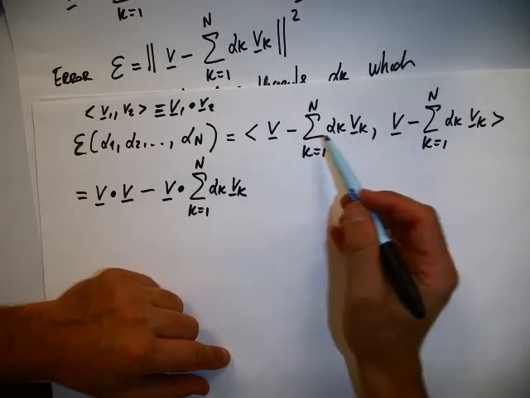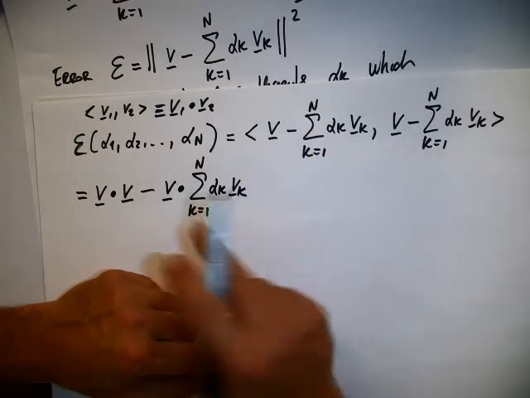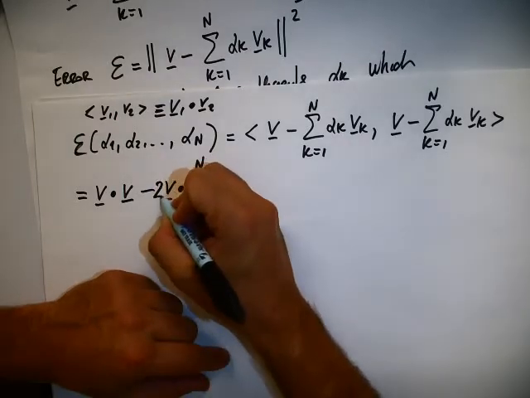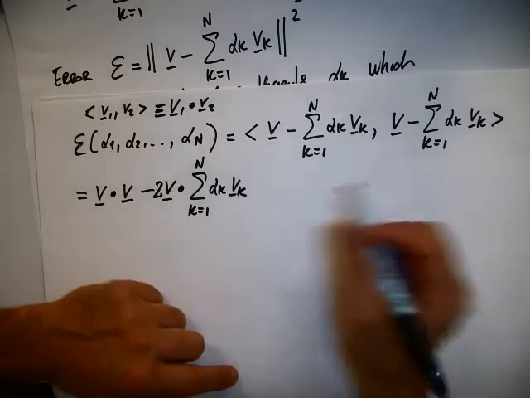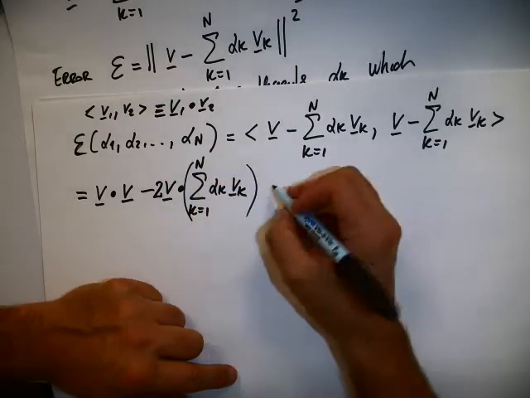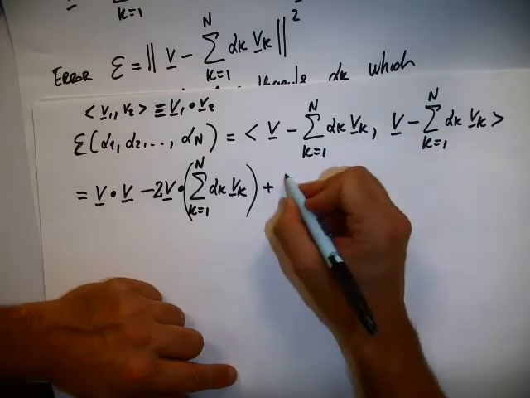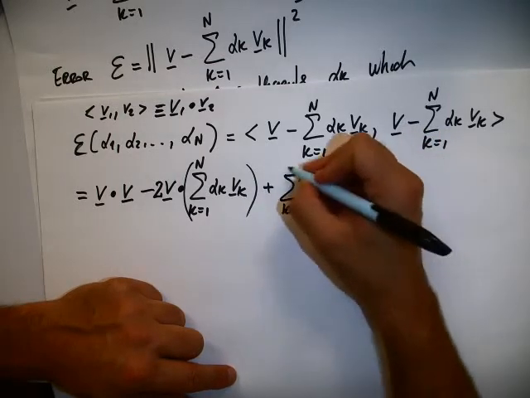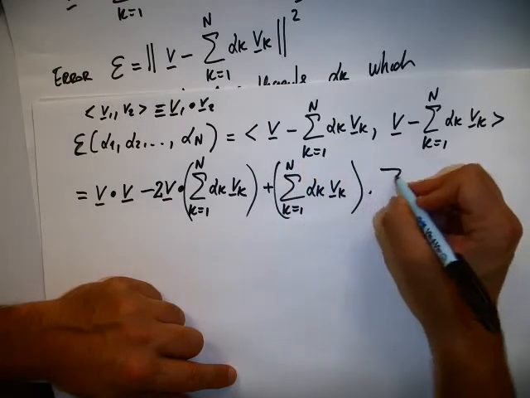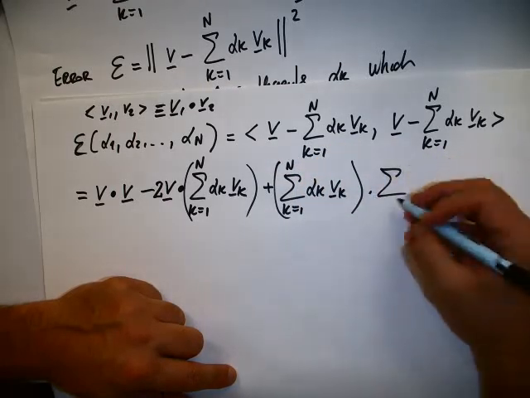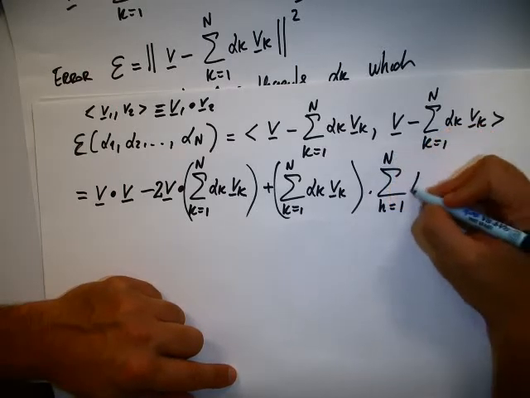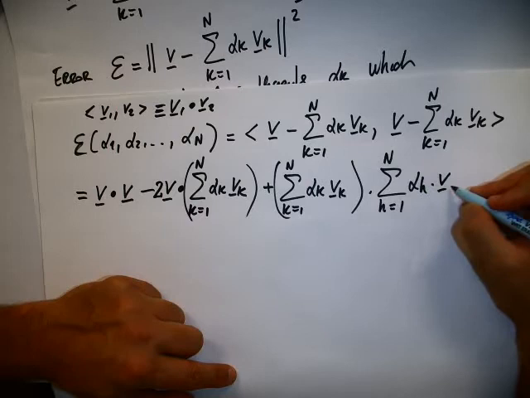But at the end of the day this is exactly the same as this, because the dot product is symmetric in the two arguments, so it's simply minus 2 v dotted with this, and then I have plus the sum from k equals 1 to n of alpha k v sub k multiplied by, let's use another index, let's call it h, from 1 to n of alpha h v sub h.